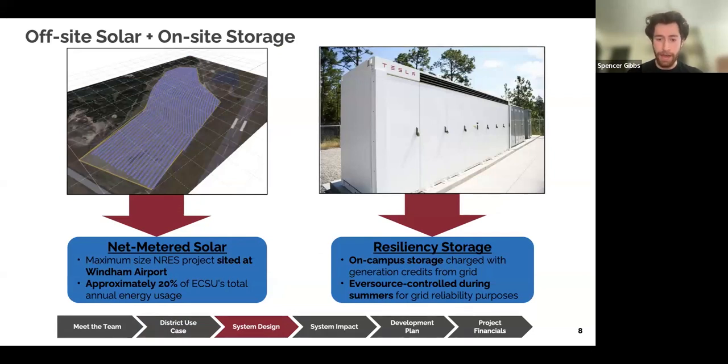In addition to that, we have storage that aligns with the resiliency goals of the university through a microgrid that will be located on ECSU's campus directly. This will be controlled by Eversource during the summers for reliability purposes, and then during the winter can be used for resiliency, as well as peak load shaving during the winter, spring, and fall months. Next slide, please.